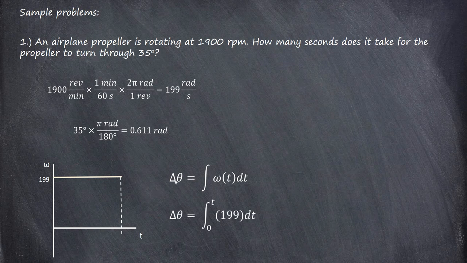And now I'm using this formula to calculate the area under the curve. Integral of omega t dt from 0 to t. And I'm not really interested in getting the angular displacement or the area under the curve because it's already given to be 35 degrees or 0.611 rad.